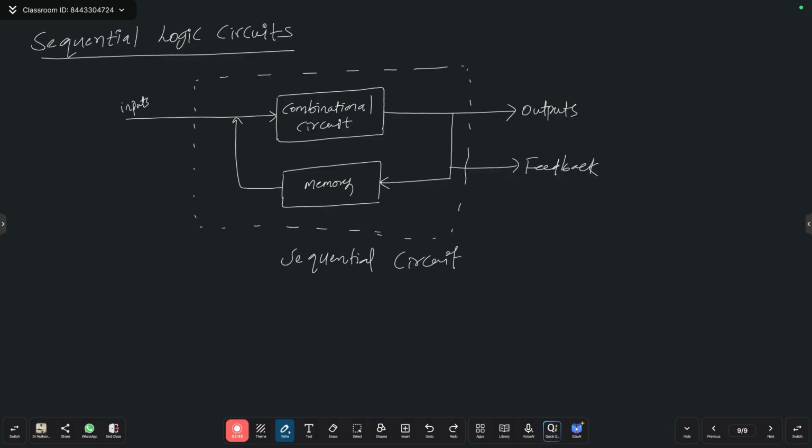Present input and present state, with present state inside the brackets. How will the present state come? That is the past outputs. The present state is but a past output.